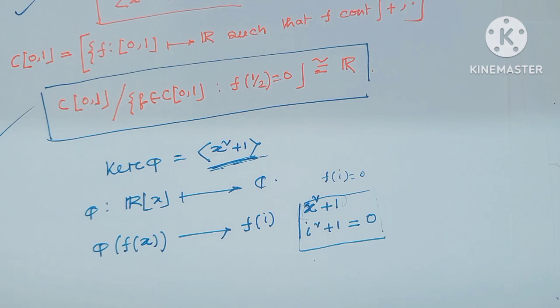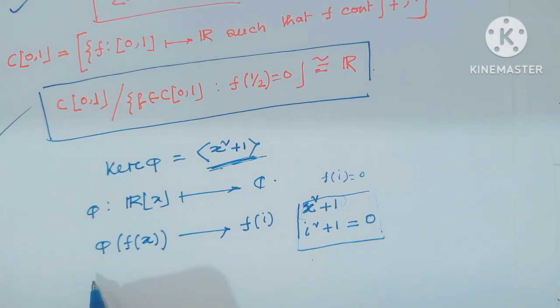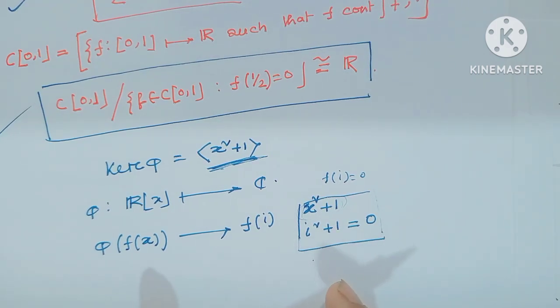Now can you prove φ is a ring homomorphism? Just prove it oneself at first, then see my video.